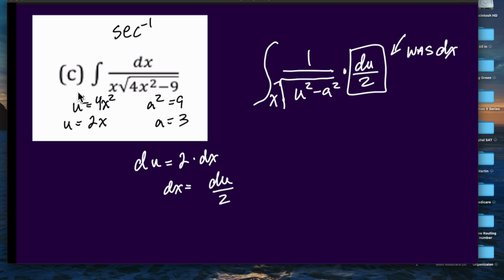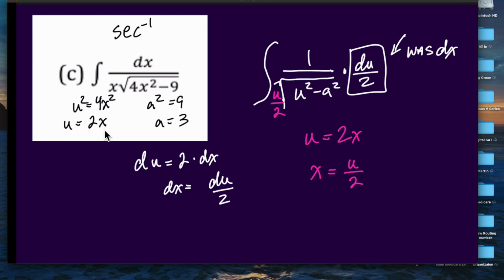There's no x here to cancel out that x, so we're going to have to solve for x in this particular case. Recall, here in pink we have u is equal to 2x. We're going to solve for x and we're going to get u over 2. So I'm going to remove that x and replace that with u over 2.